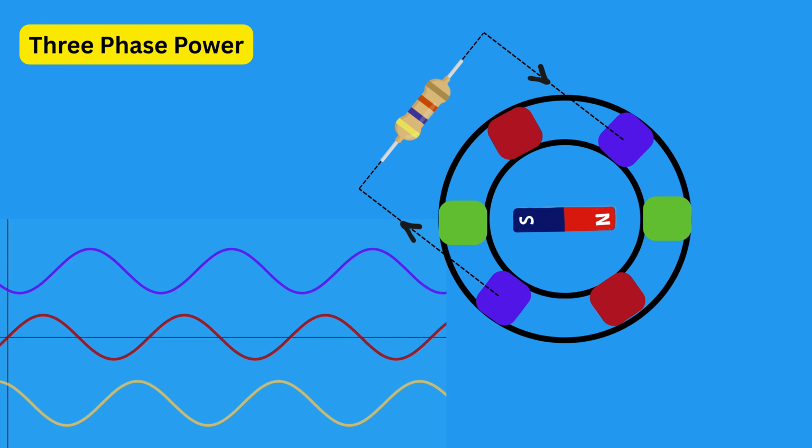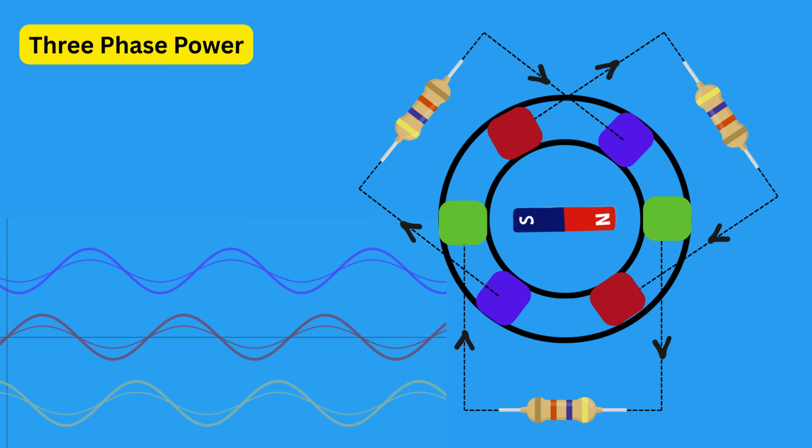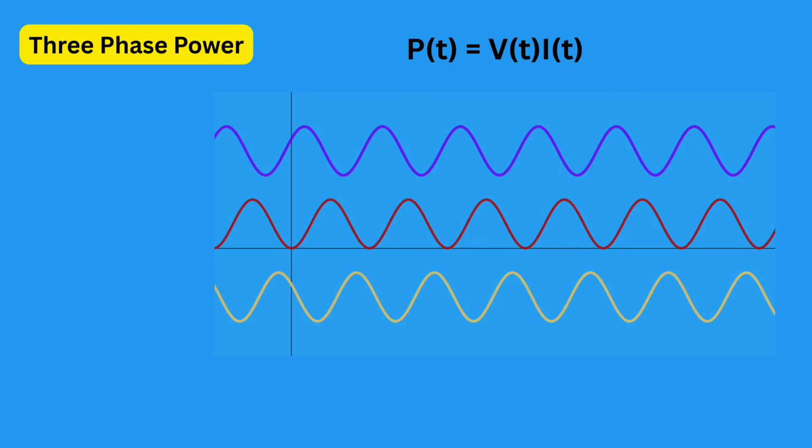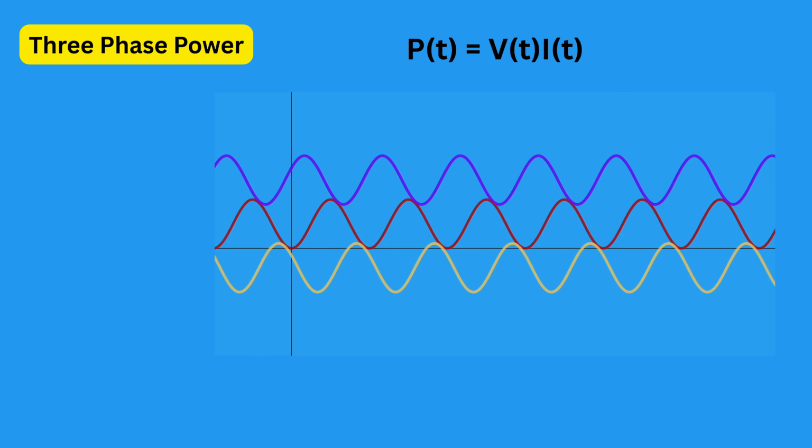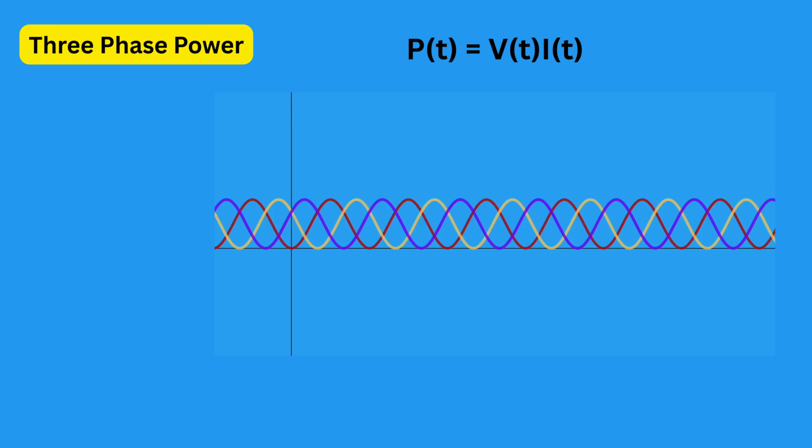When identical resistors are connected to all three phases, the currents flow in the same pattern as their respective voltages. Each current is in phase with its own voltage, but out of phase with the others by 120 degrees. If we now calculate the instantaneous power in each phase and add all three together, the result is even better.